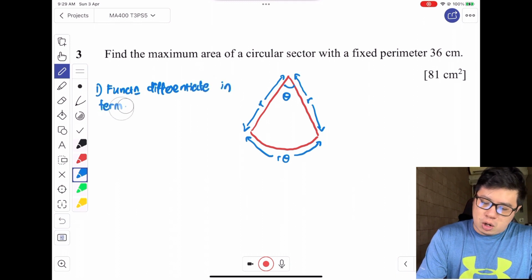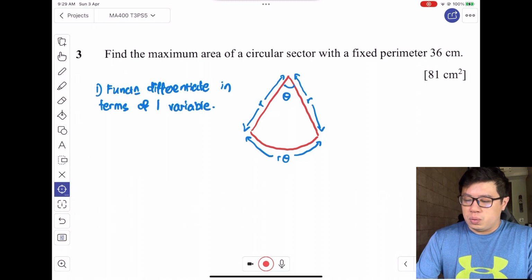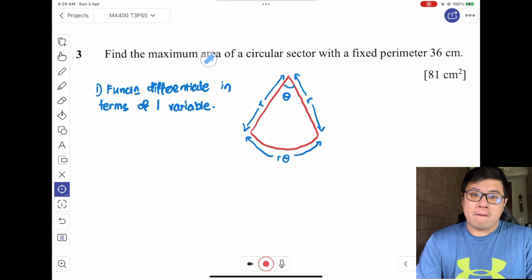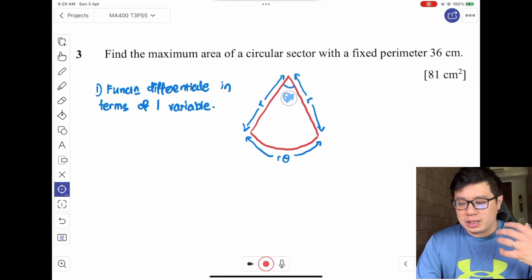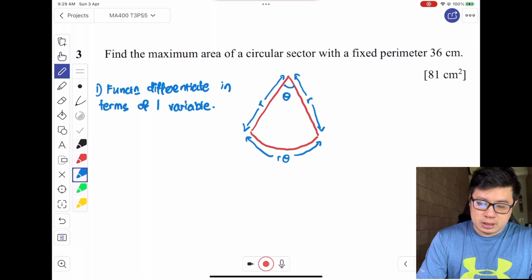This is often the first step for a maxima minima question. Then we look at what we need to differentiate. They are looking at maximum area, so it makes sense that we are either doing dA d theta or dA dr. Let's go with dA dr.